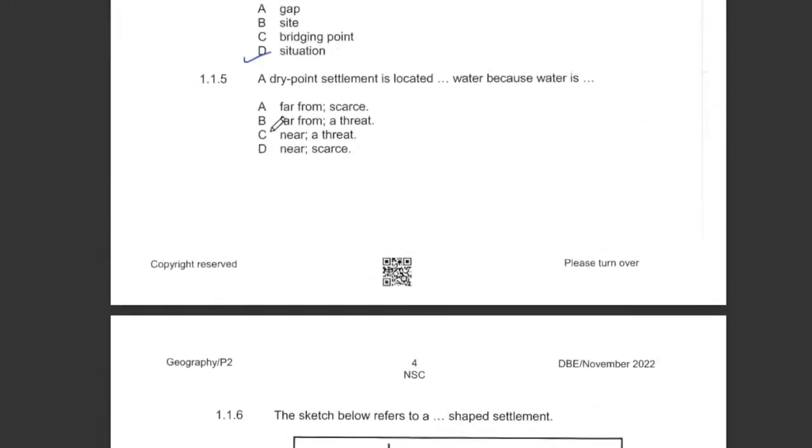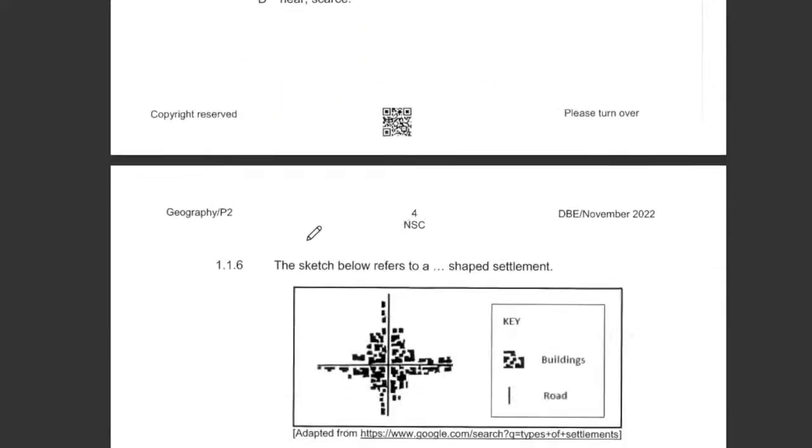Okay. A dry point settlement is located far away from the water source because water is scarce. Far from water because water is a threat. I'm looking at that to be our best option. Okay, because it's not near water. So the two near water, I look at them as not the right options.